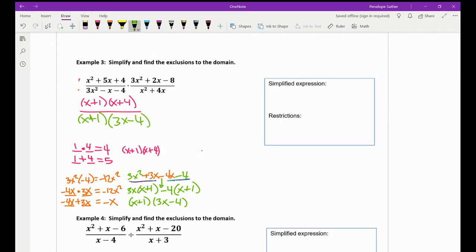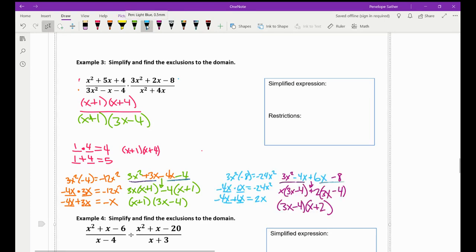And then we move on to the next set of terms. So if we take a look at the 3x squared plus 2x minus 8, it's going to be the same type of factoring. You have to multiply your first term and your last term, and then make a 4-term polynomial and factor by grouping. So once you've finished doing all of that work for the factorization, you end up on the top of the fraction on the right.